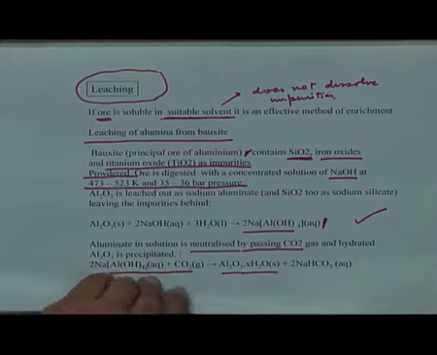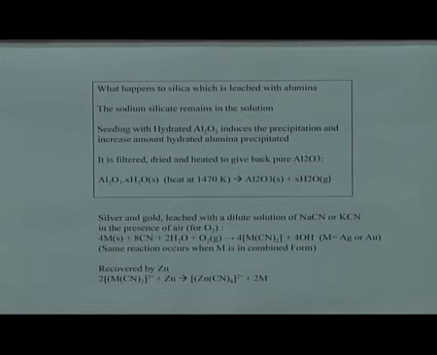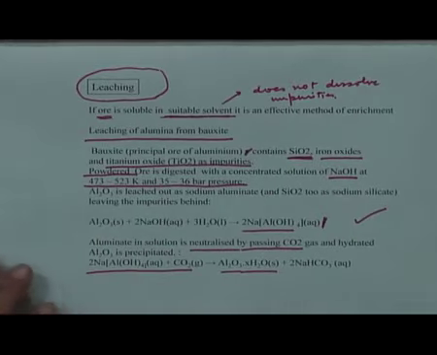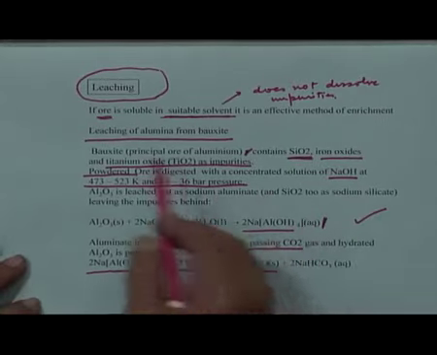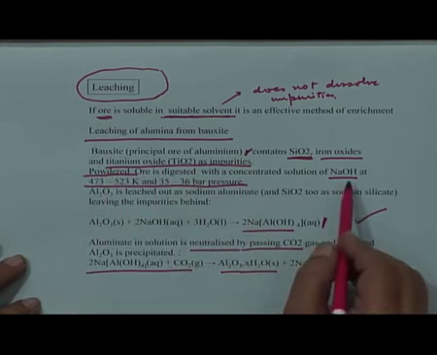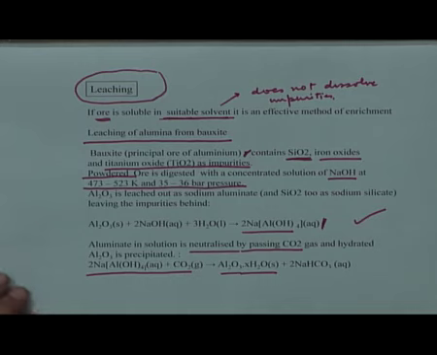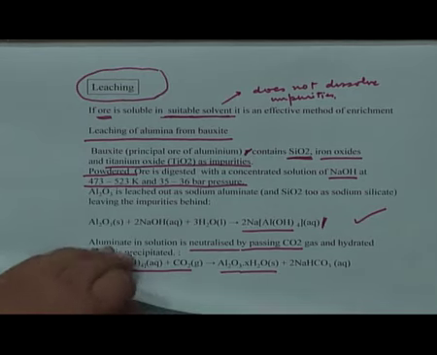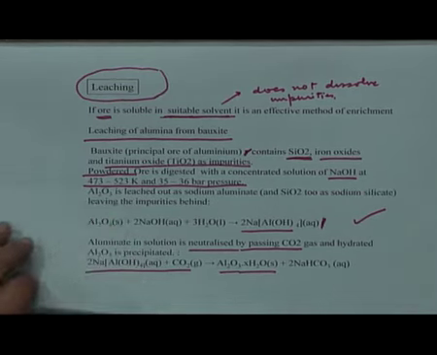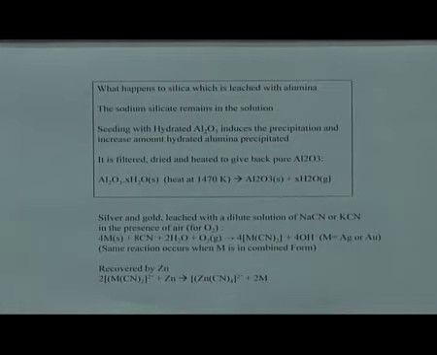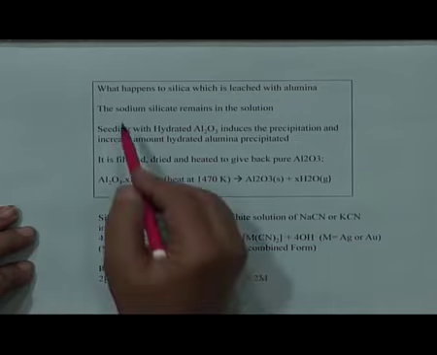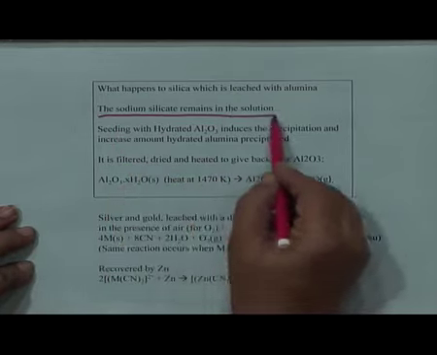Now, this cannot happen with silica, because silica is also extracted by concentrated NaOH under similar conditions, and sodium silicate is formed, but when we pass CO2, only alumina is recovered. Silica remains in the solution, silica does not come back. So, sodium silicate remains in solution.